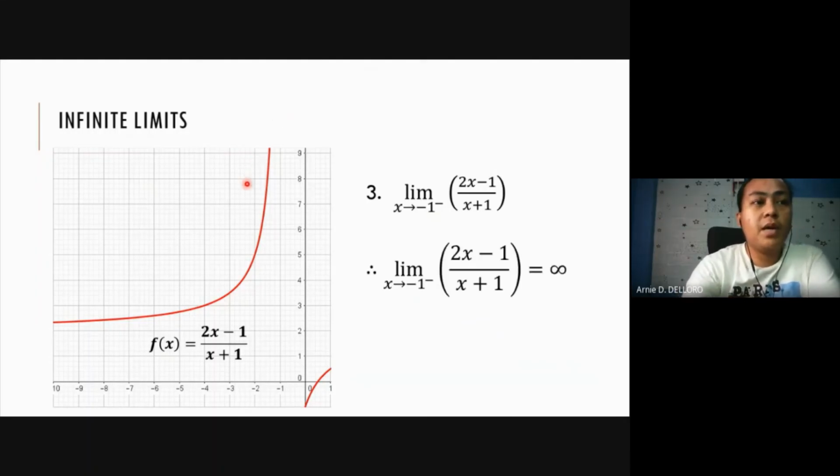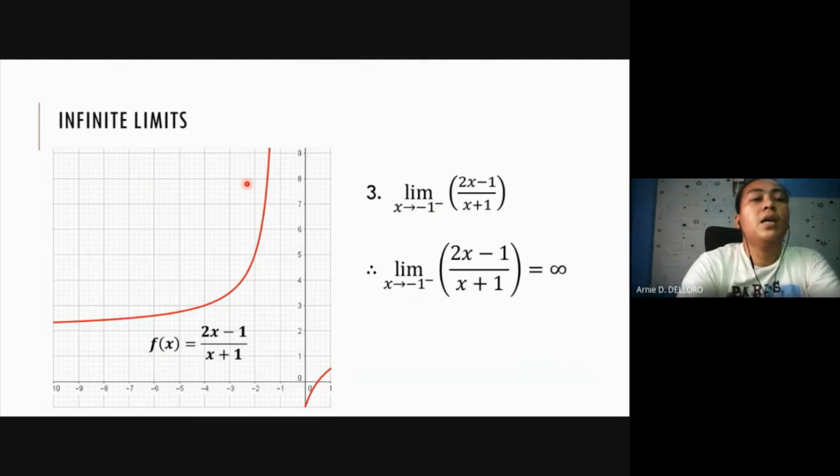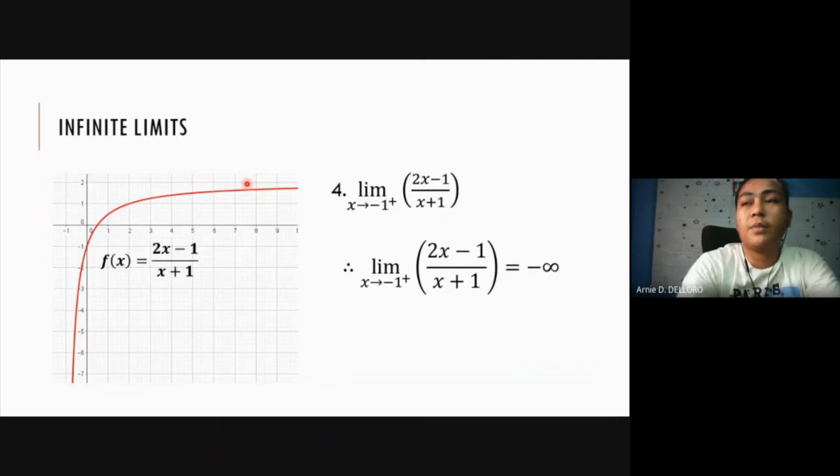Okay? So, ibig sabihin, yung value nito ay positive infinity since increasing without bound. Okay? For number 4, as x approaches negative 1 from the right, mula dito, papunta ka dito. So, ano yung behavior ng graph?